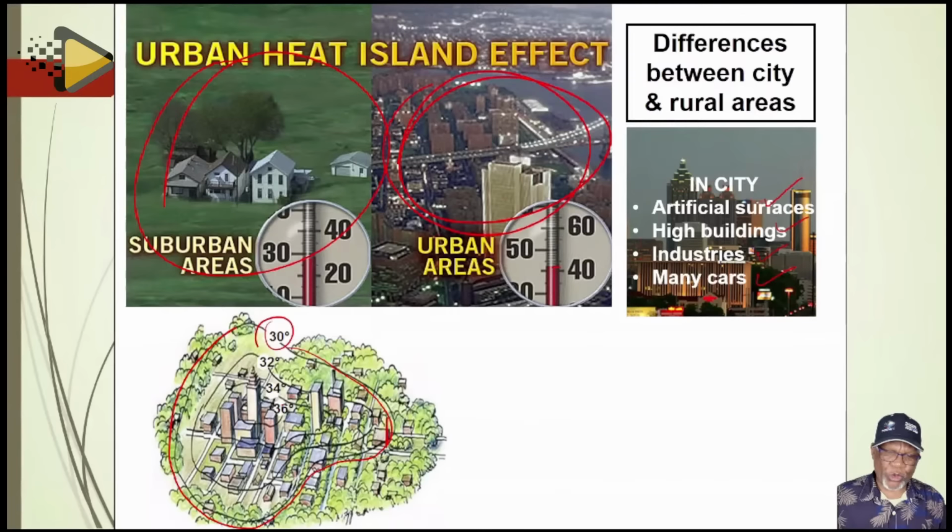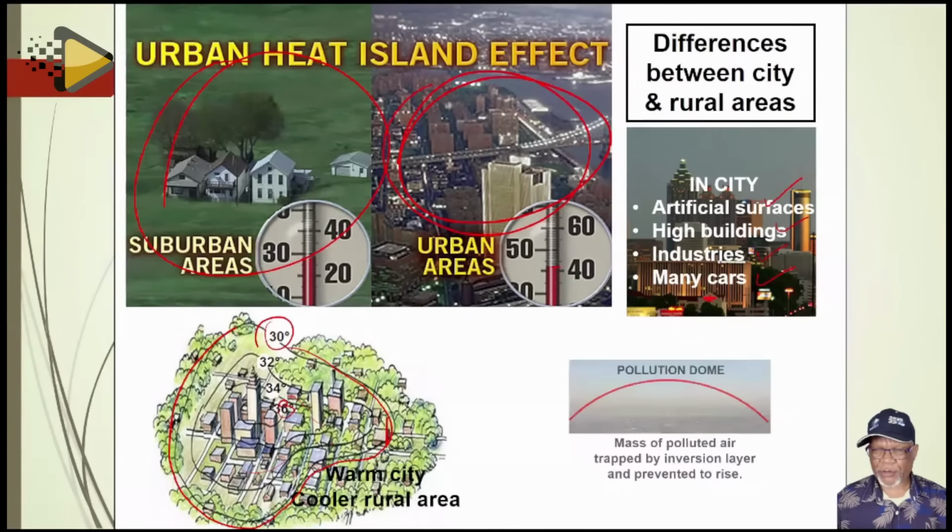But when you go to the center, the temperatures are around 36 degrees. Why? Now you can start looking at the artificial surfaces. You can think that these are tall buildings that absorb more heat. There will also be more activities and more vehicles. So this is the reason why urban areas will be warmer than rural areas.